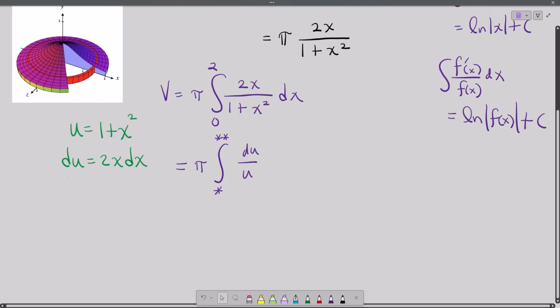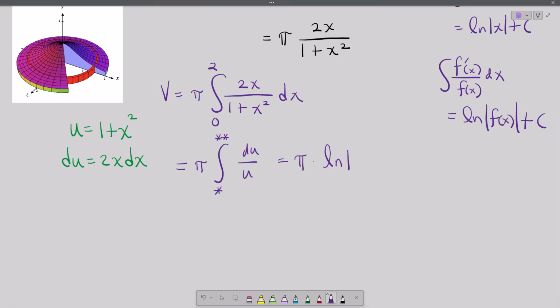Let's just put placeholders. The most important thing I want you to see is that this is natural log of absolute value of u on those placeholder limits. Right, the integral of 1 over u is natural log of absolute u. And then if we go back to the original, this is natural log of 1 plus x squared on the inside, and our original limits are 0 and 2.